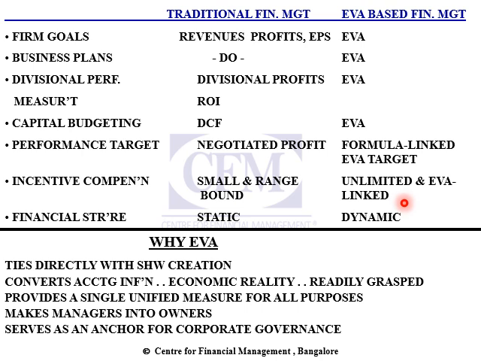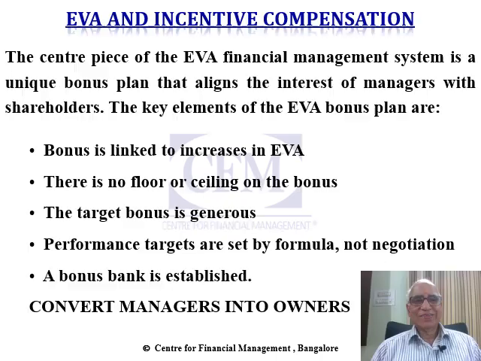So the basic difference between EVA based financial management and traditional financial management is that in EVA based financial management, EVA is used for all facets of financial management. In traditional financial management, different measures are used for different facets of financial management.